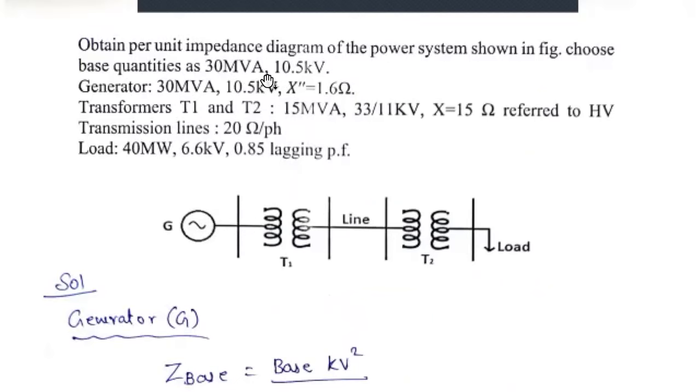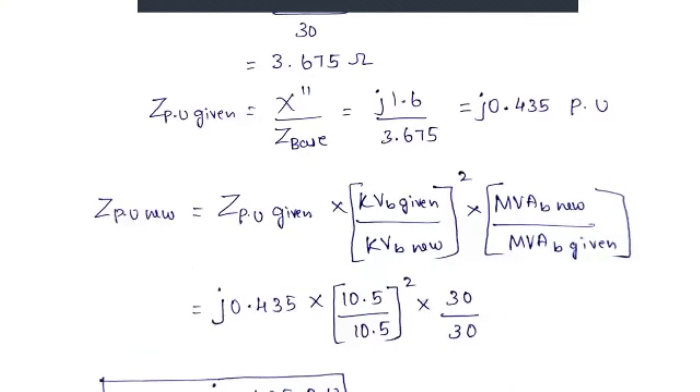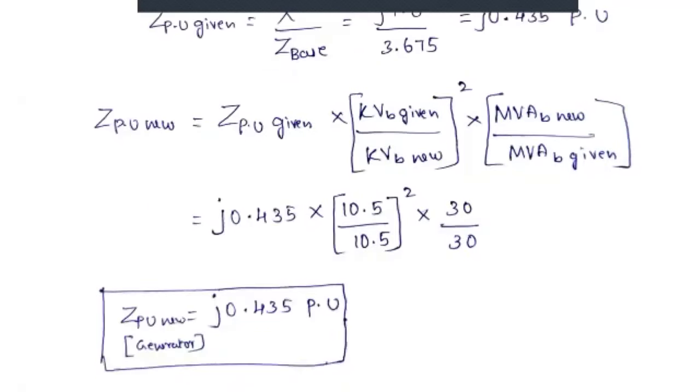So the same thing you can take: 10.5 divided by 10.5, the whole square, into 30 divided by 30. So you get the Z per unit new value as j0.435 per unit. That is for the generator. Mention this clearly, otherwise, while substituting at last, you'll be choosing the wrong values.